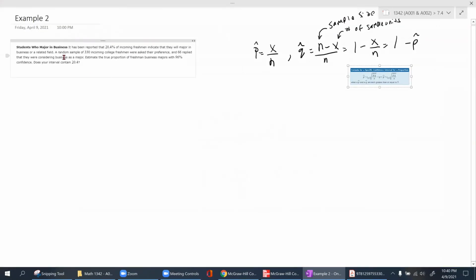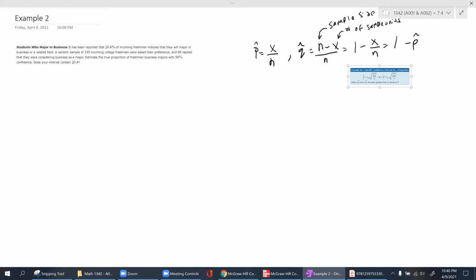Students who major in business: it has been reported that 20.4% of incoming freshmen indicated they will major in business or a related field. A random sample of 330 incoming college freshmen were asked their preference, and 66 replied that they considered business as a major.